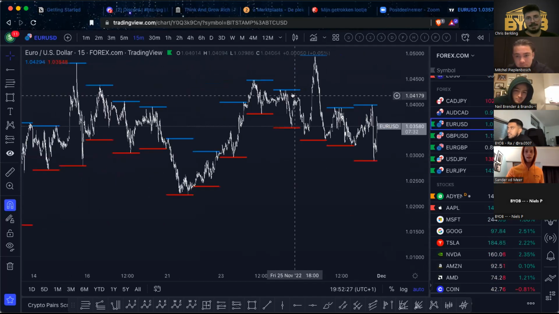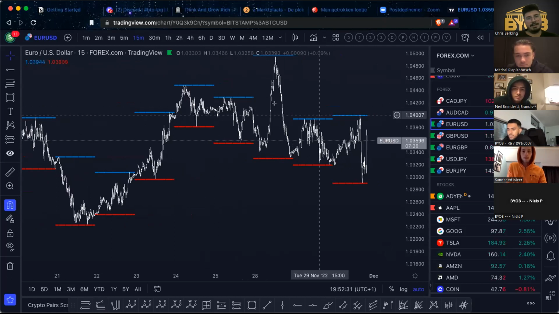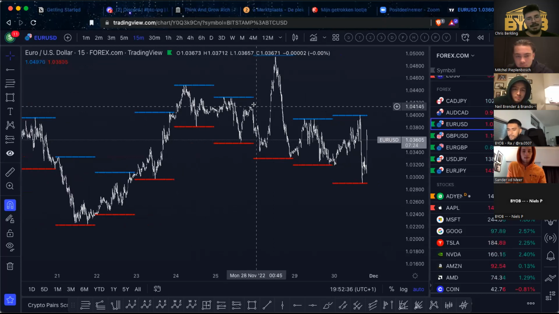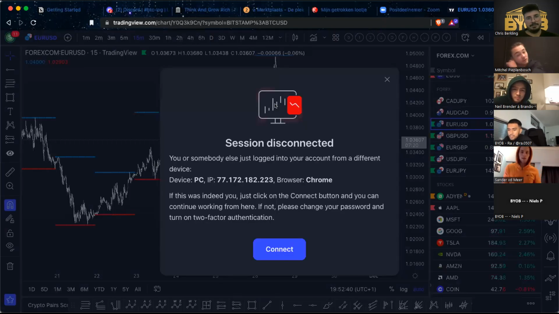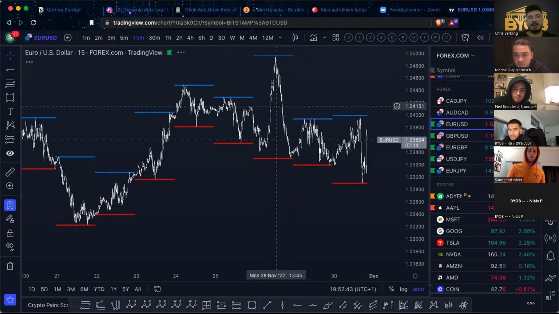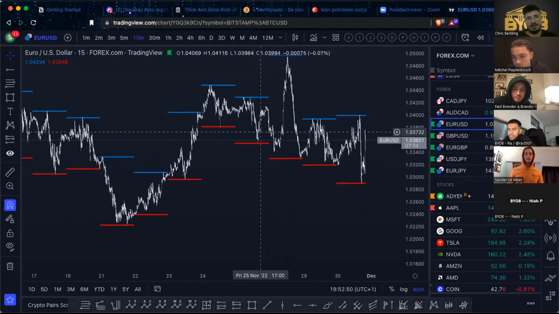You can see perfectly those two swing highs. People place their stop loss right there. And what happened on the last day? The market got pushed up. Everybody got stopped out. This one is a bit hard to get in because it's very large, it's very steep. But it's a perfect example of how liquidity gets taken out in a matter of a couple of hours. It's just up and back down.